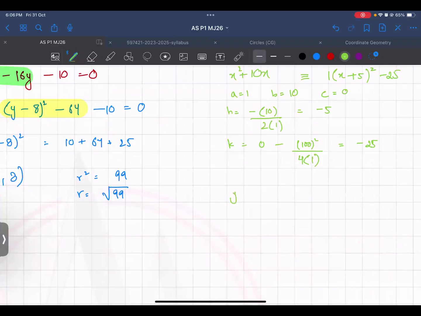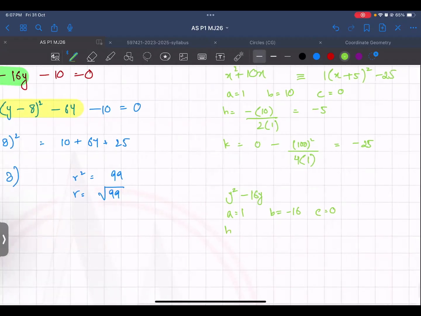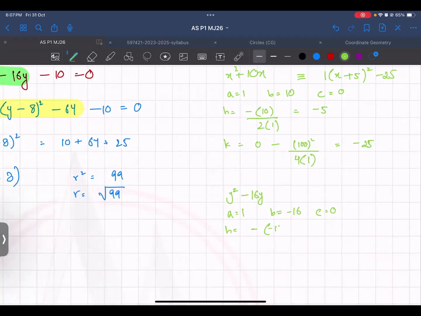For the other one, y square minus 16y, your a is 1, your b is minus 16, your c is 0. So h will be minus b upon 2a, which is 8, and k is 0 minus 16 square upon 4a, which will be negative 64.